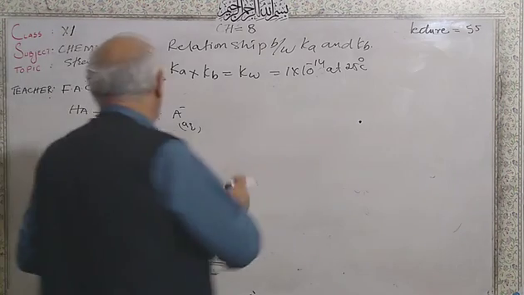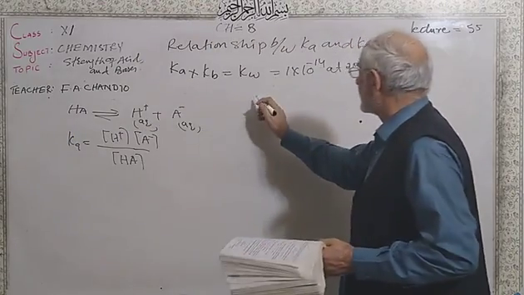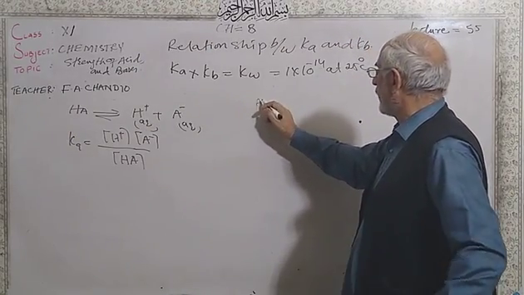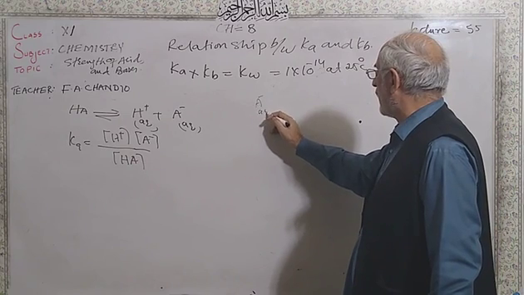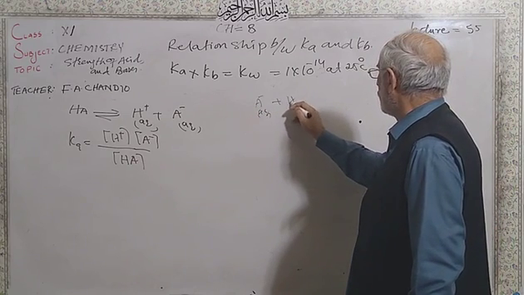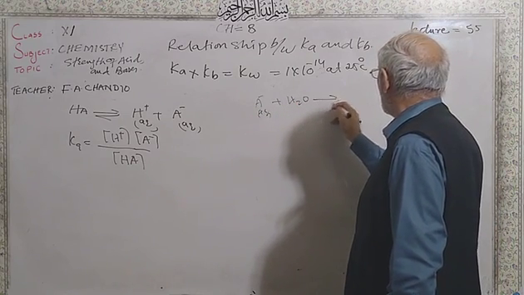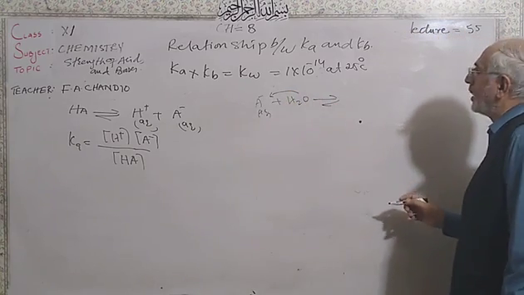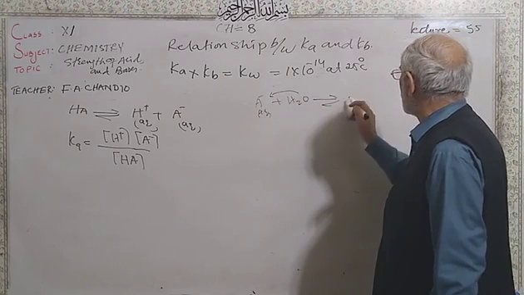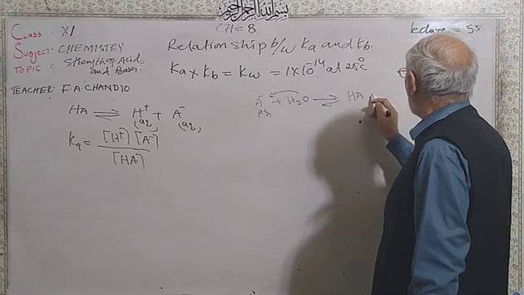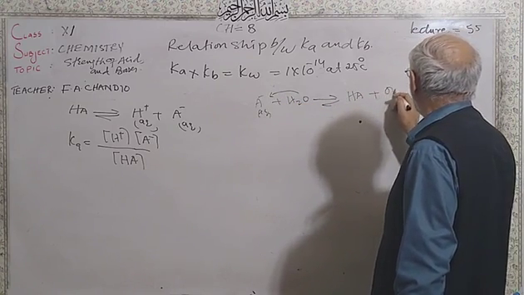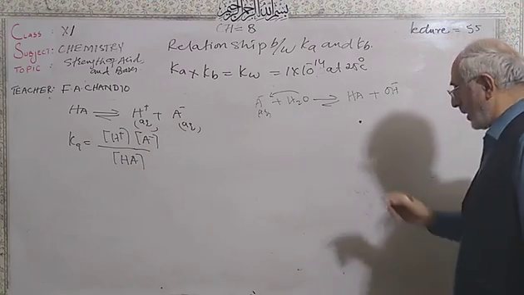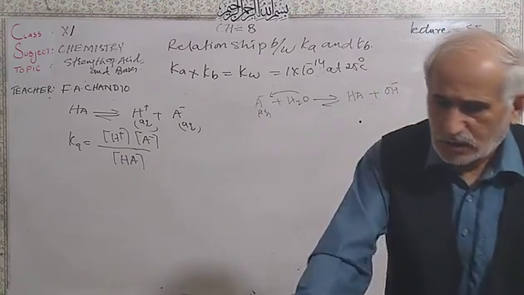Now, when we write for the conjugate base, acetate in aqueous solution, water acts as a Bronsted acid. So the acid HA and the hydroxyl ions are formed.